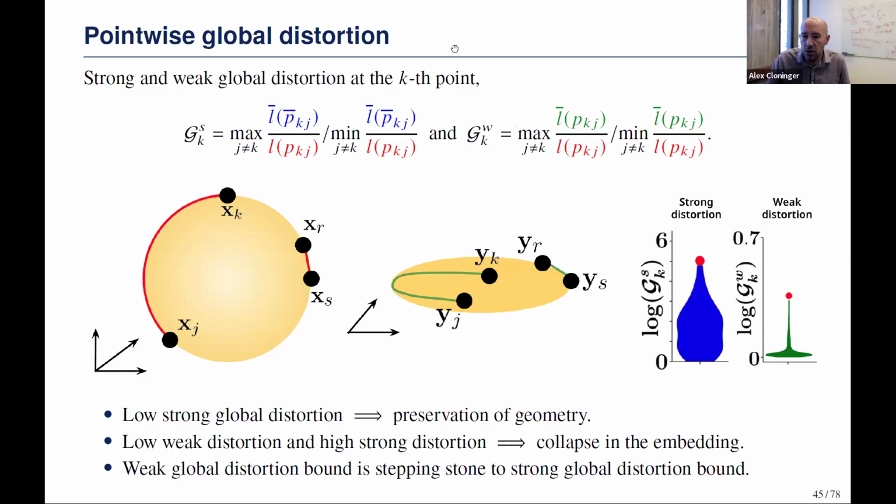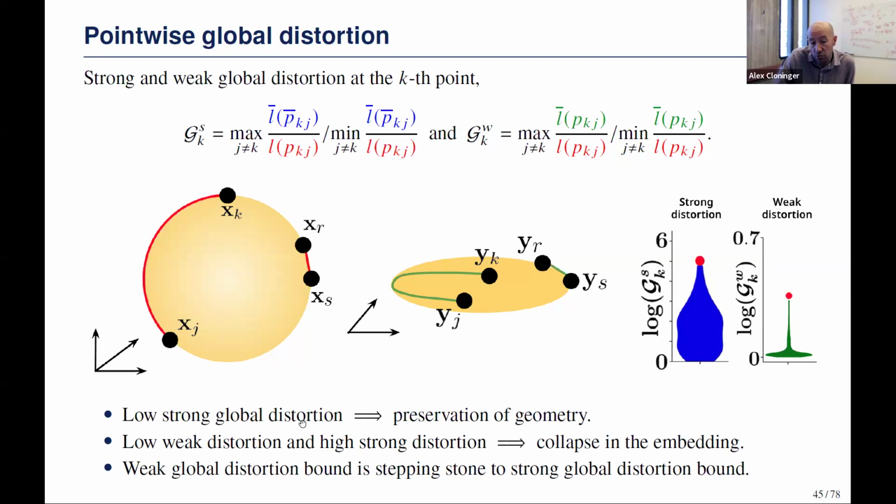There's another version called weak global distortion, where you take the shortest path in high dimension, and you take that same path in low dimension and measure its length, and you look at those ratios. So one is global strong, one is global weak. It turns out you can characterize some things: if you have low weak distortion and high strong distortion, that means your embedding is collapsed.